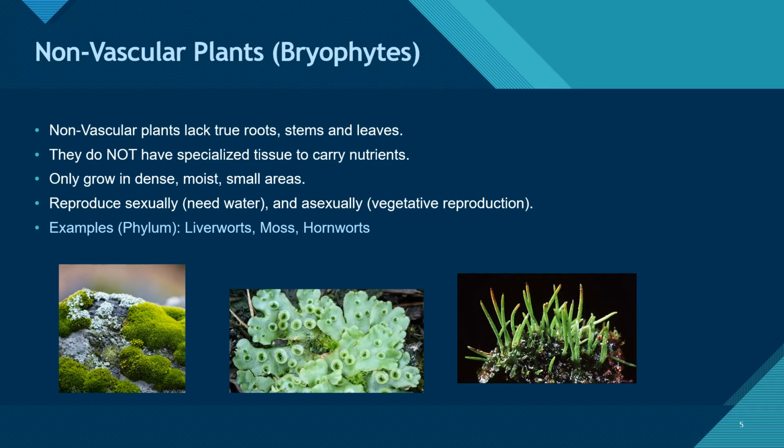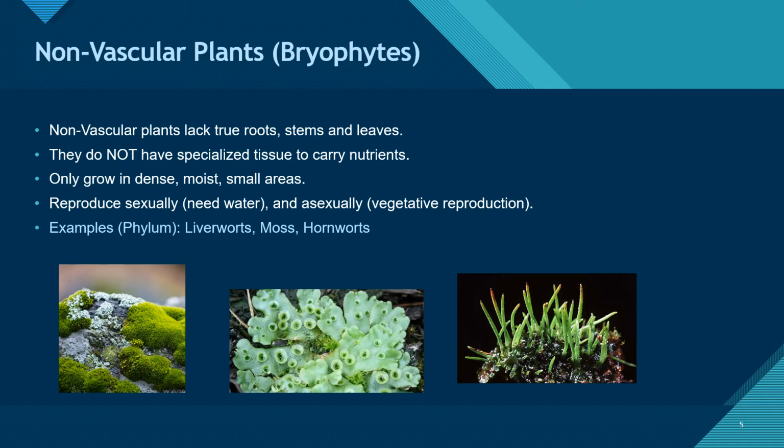They only grow in dense, moist, small areas, and they grow to small sizes as well. To reproduce sexually, they need water, and to reproduce asexually, they go through vegetative reproduction. Here are the three examples, or the phylum, that non-vascular plants break down into: liverworts, moss, and hornworts.